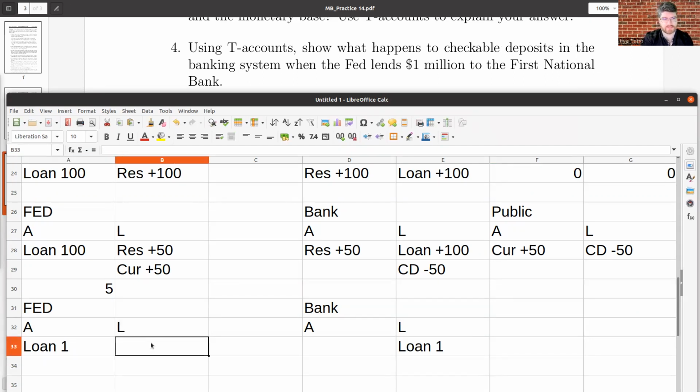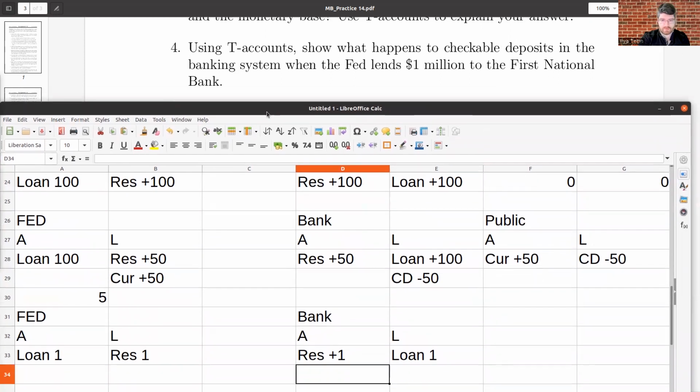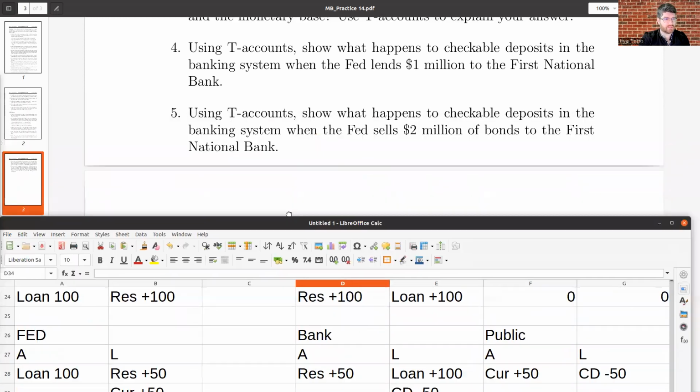We can equalize this loan only with the reserves. So reserves will increase by 1, and reserves increase by 1 over here. So this is the T account, the initial effect, of what happens to checkable deposits when the Fed lends 1 million to the First National Bank.